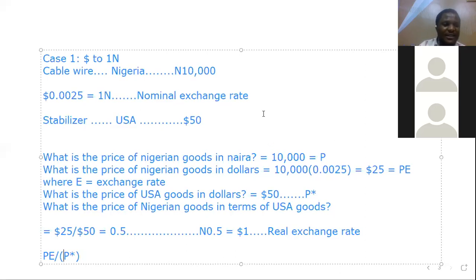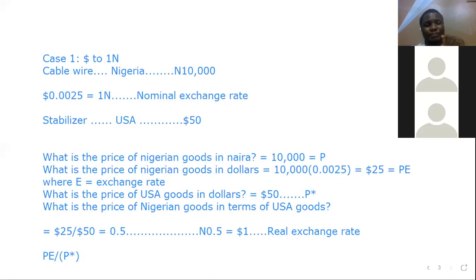That tells you that depending on how you are interpreting your nominal exchange rate relation, that will determine the formula you are using. We have to understand that. Any question, please?